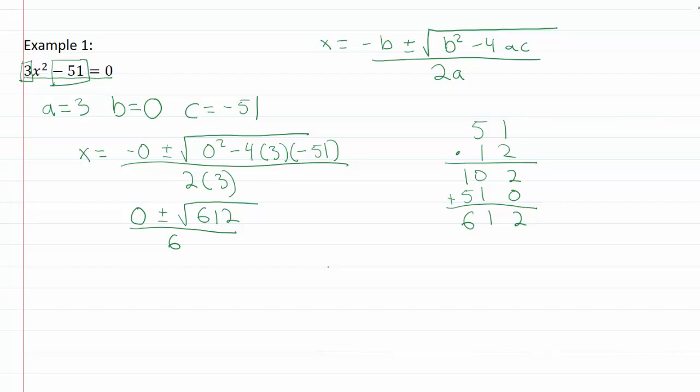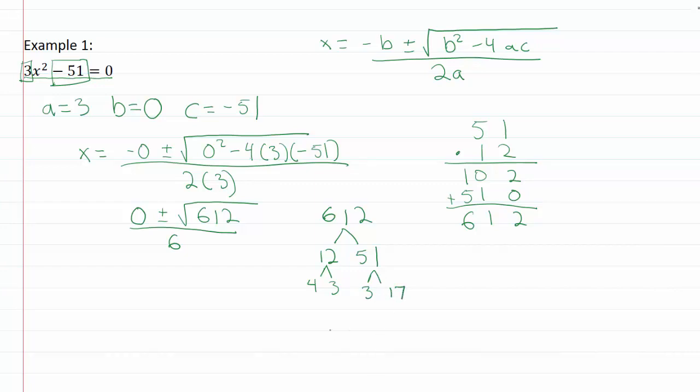So now I've got the 612 here, and we're going to need to simplify this radical. So remember, like we were learning before, when we simplify radicals, we need to break down the number inside using prime factorization. So I already know that that number right there is 12 times 51, since that's what I multiplied together to get it. And I know that 12 is 4 times 3, 51 might take a little bit of work, but you'll figure out that that's divisible by 3.